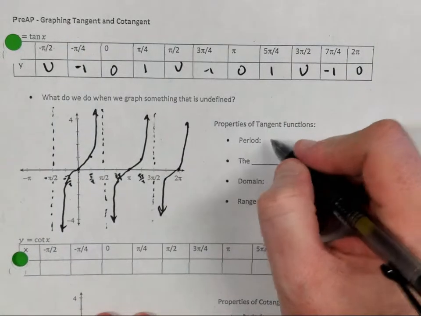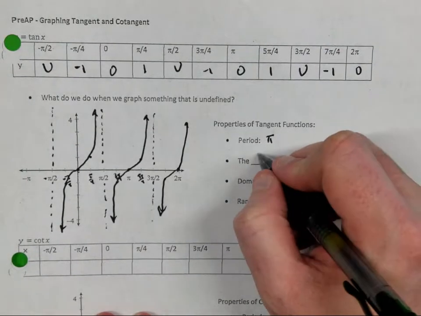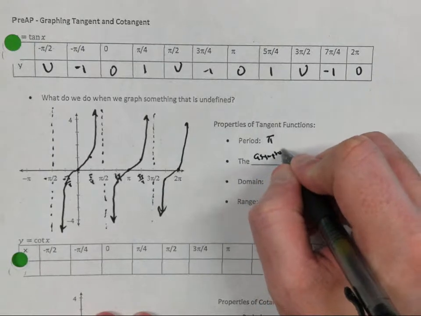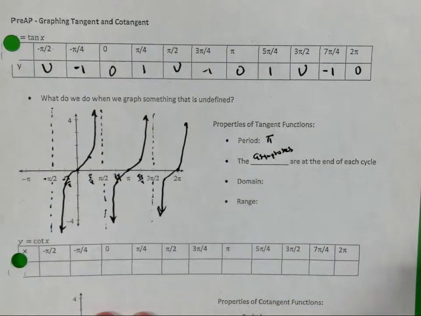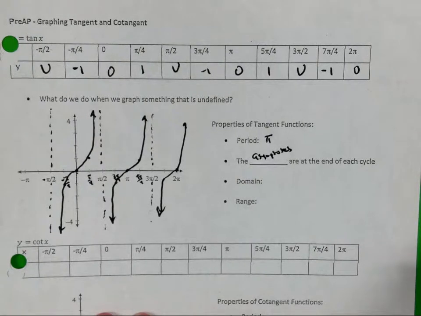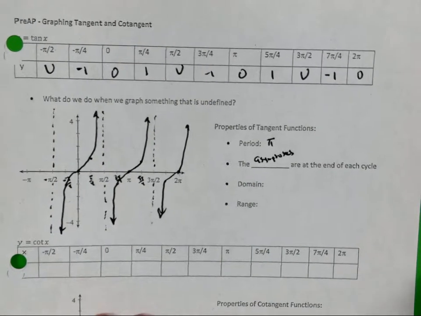The period for tangent and cotangent is pi. Okay. The asymptotes are at the end of the cycle. Asymptotes.